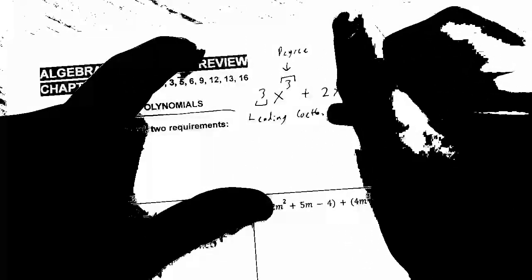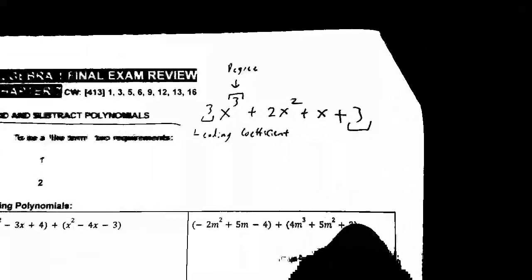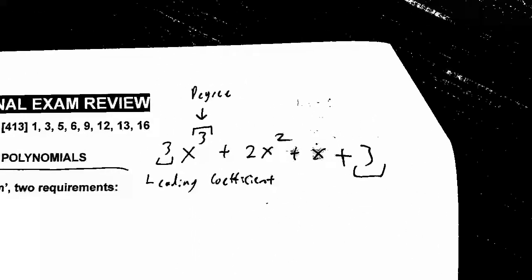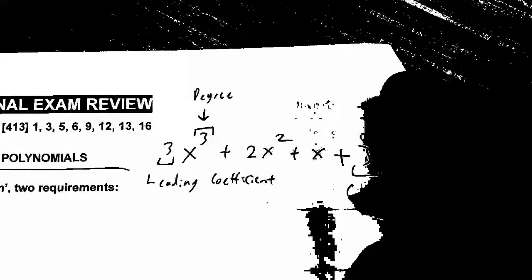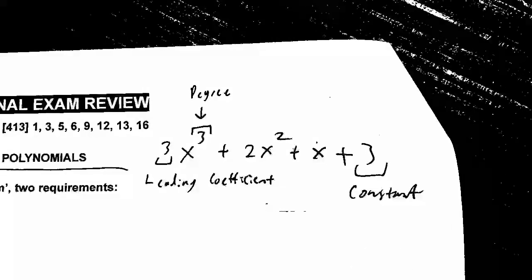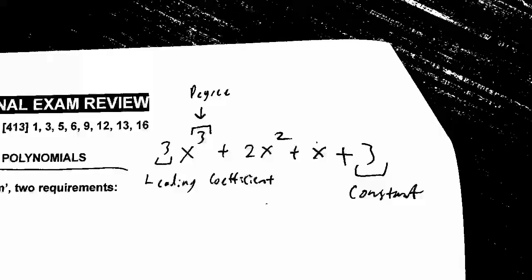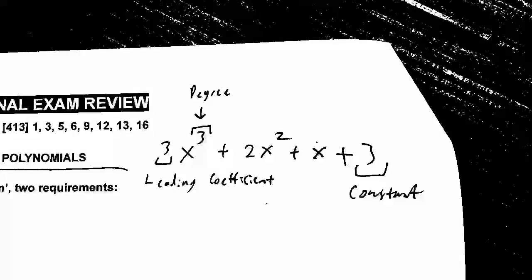You remember this? And then the term without a variable is called the what? It's called the constant term. Okay? Does this ring a bell? So we have the leading coefficient, the degree is the highest exponent, and then the constant term.